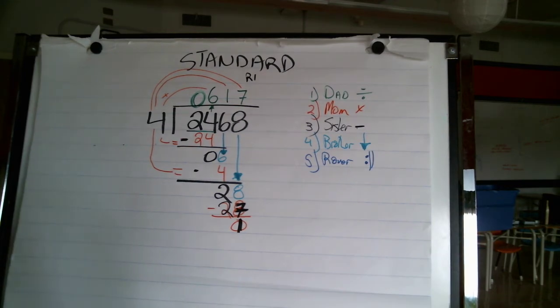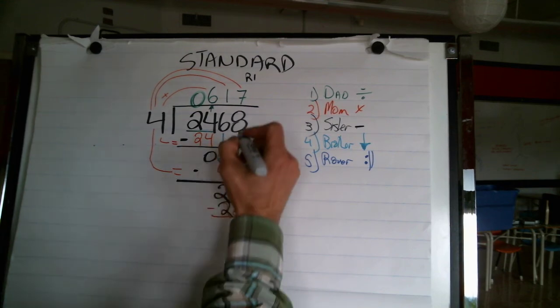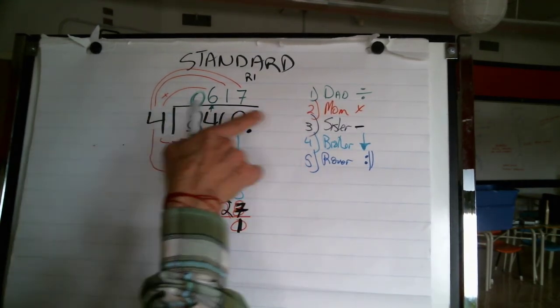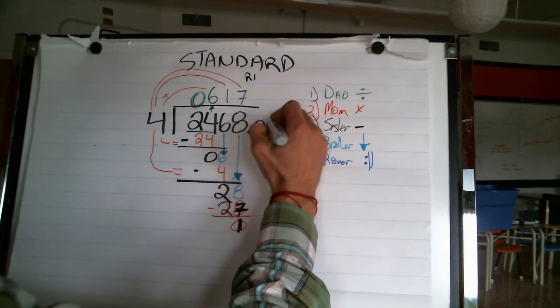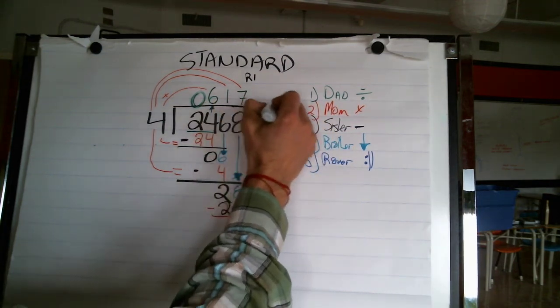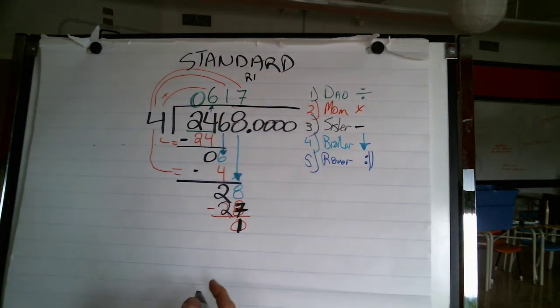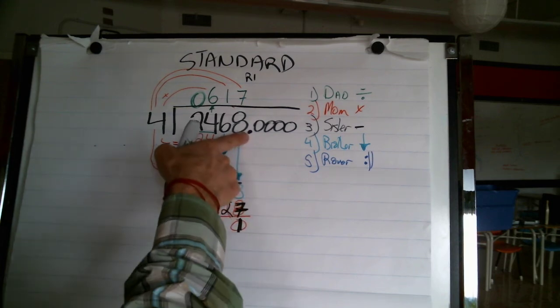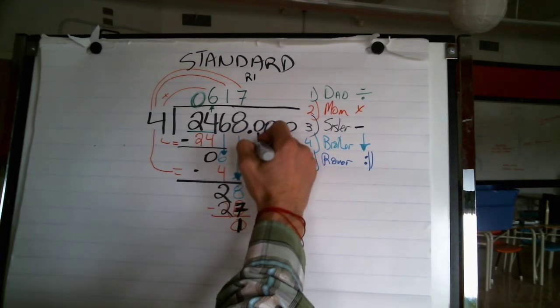That's not the right level of math. And that's going to get you in trouble as you go into high school. So you need to know how to do what we call adding zeros. If I put my decimal place here, I can add as many zeros as I want down this way. Doesn't matter how many I add. And what this enables me to do, because this is just a placeholder, is now we're going to bring down again.